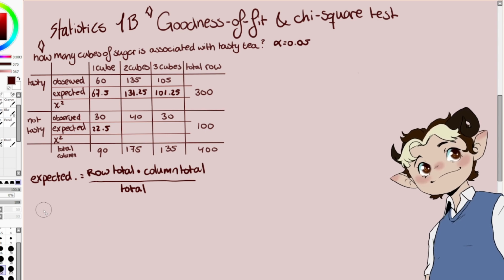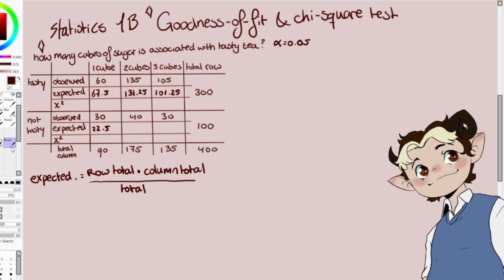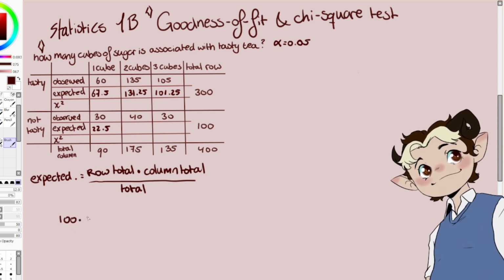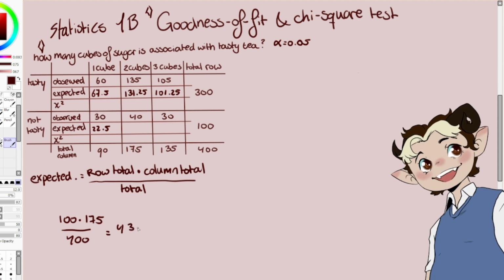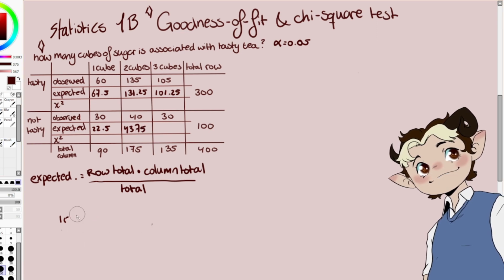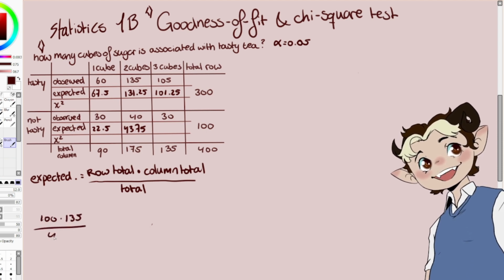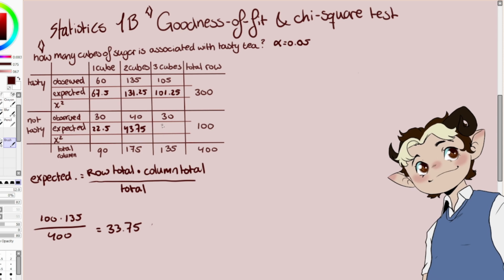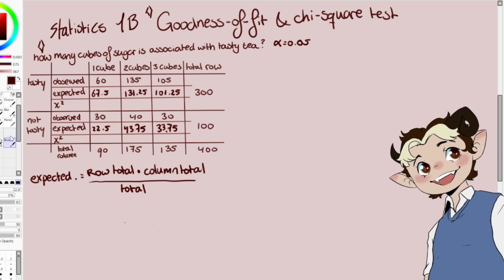Then let's move on to the next ones, which I didn't write down for some reason, but it is 100 times 175 divided by 400, which is 43.75. And lastly, we look at 100 times 135 divided by 400, which is 33.75. There, now we have everything we need to do our chi-square test.